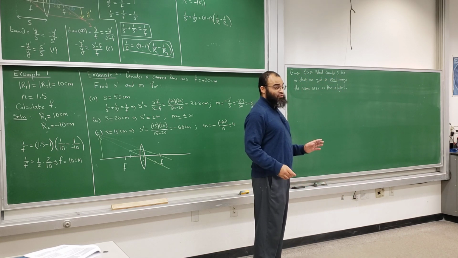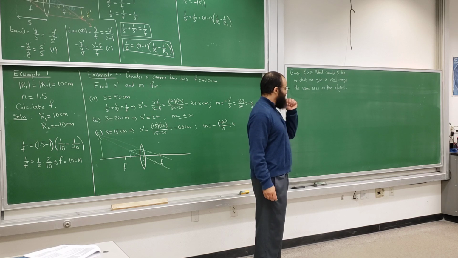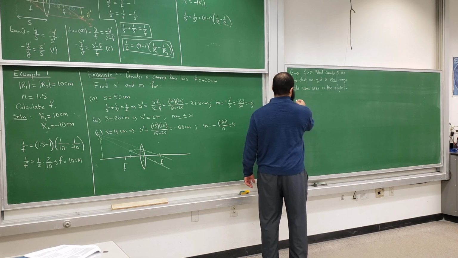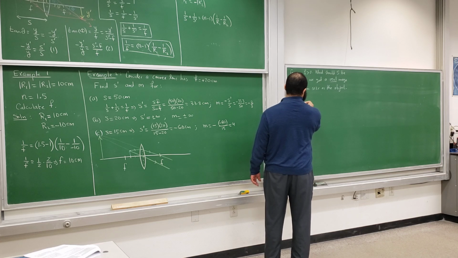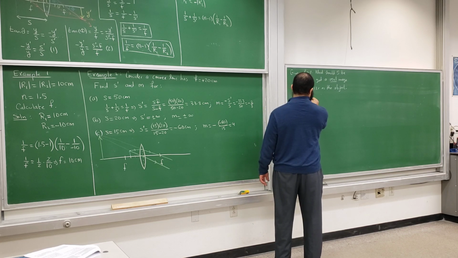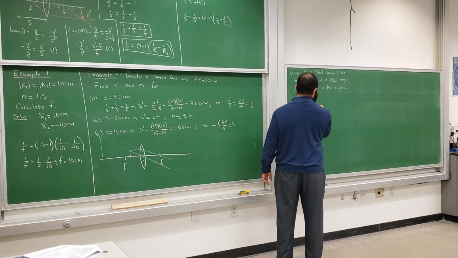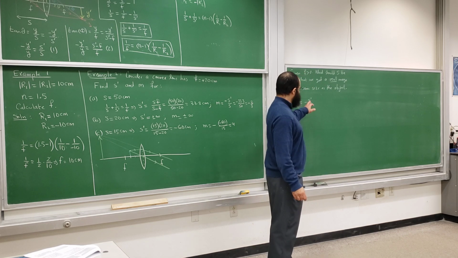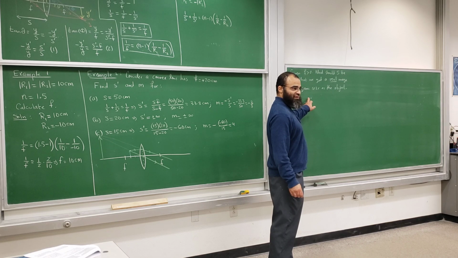So we need to figure that out. Here's the magnification. Magnification is minus S prime over S. If the image is real, it means S prime is positive. And we have a real object here, so S is positive.